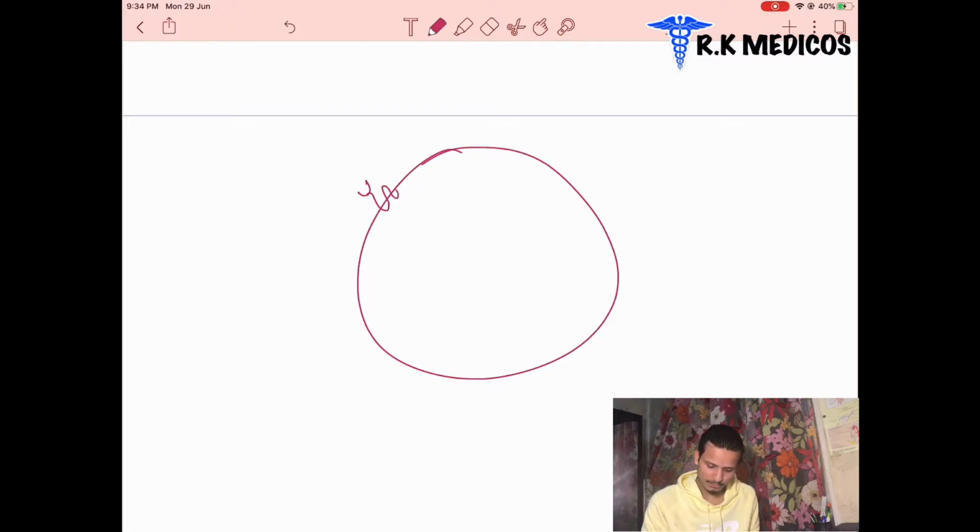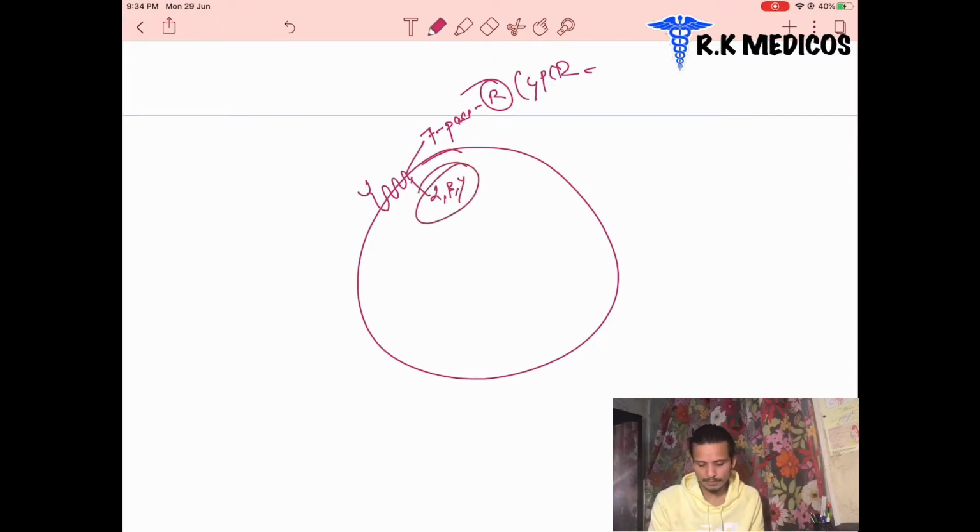They are also called 7 pass receptors, that is, G protein coupled receptors, GPCR. Their activity is induced by the alpha, beta, and gamma units, which are present inside the cell. They act like this.